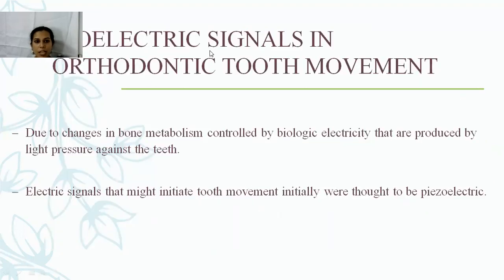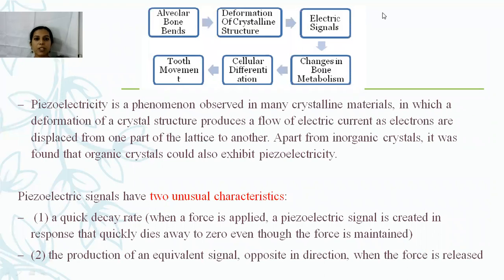What are piezoelectric signals? These piezoelectric signals are electric signals that initiate tooth movement initially. These are biologic electricity produced when light pressure is applied. According to this theory, the alveolar bone bends due to deformation in the crystalline structures, so electric signals are produced.